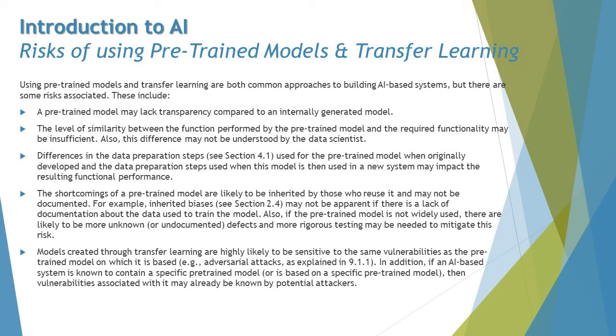So we need to take that into account before we start looking to get a pre-trained model or look at transfer learning. Another one is differences between the data preparation steps used for pre-training the model when originally developed and the data preparation steps when this model is used in a new system, which may impact the resulting functional performance. Of course, the type of data being used to train the system matters to a great extent.